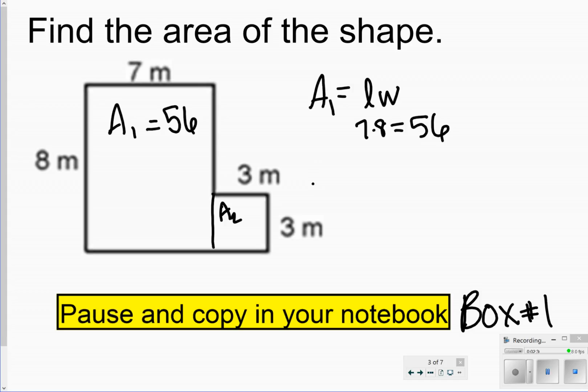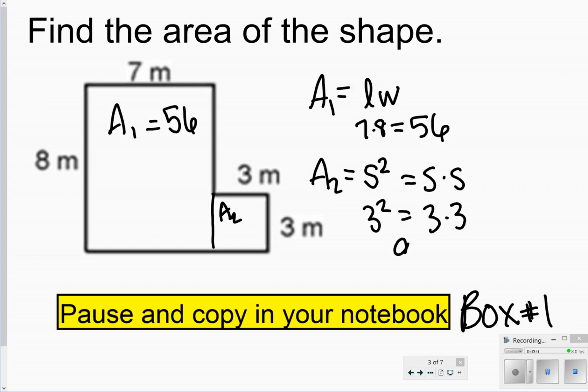And then the area of shape 2, which is a square, and a square is also similar to a rectangle, but we could use a slightly different formula. On our formula sheet, you would see that it's side squared, and that's because we are doing side times side. Our side is a 3, so 3 squared, or 3 times 3, and we get 9. 56 and 9.